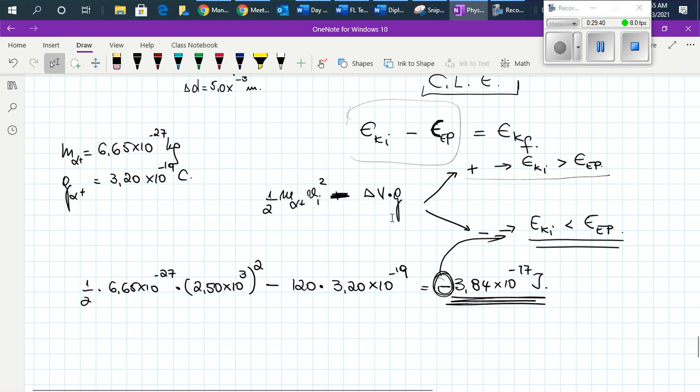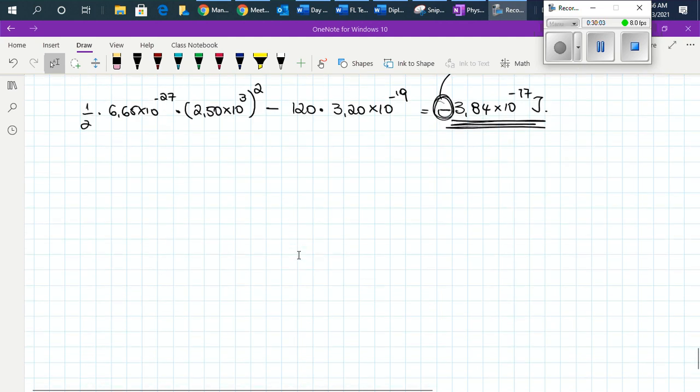So now let's figure out the distance at which it stops. What is the voltage that makes the final kinetic energy zero, or makes the object stop?